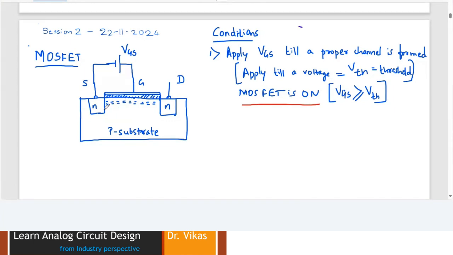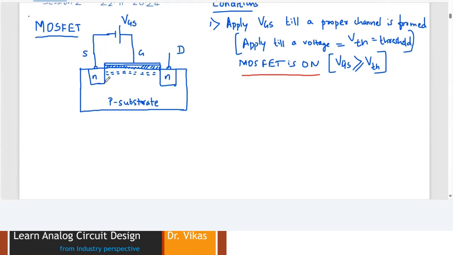Will there be any changes to the bridge or the channel? Let's try to understand. The condition here is, if VGS is kept increasing forever.